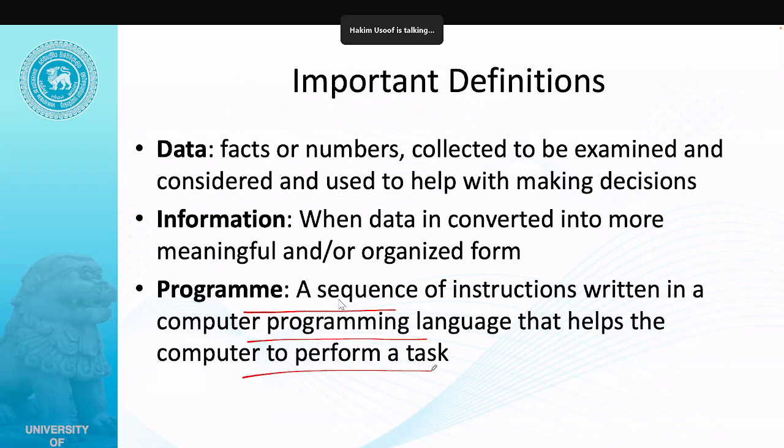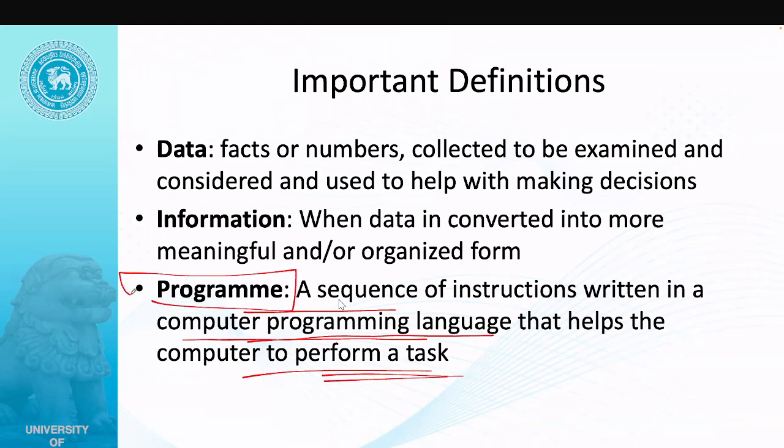This telling the computer how to do something, or giving a sequence of instructions in a language that the computer understands, we call it a programming language, right? To perform some useful task is called a computer program, right? When you give this sequence of instructions, writing these instructions is called programming, right?